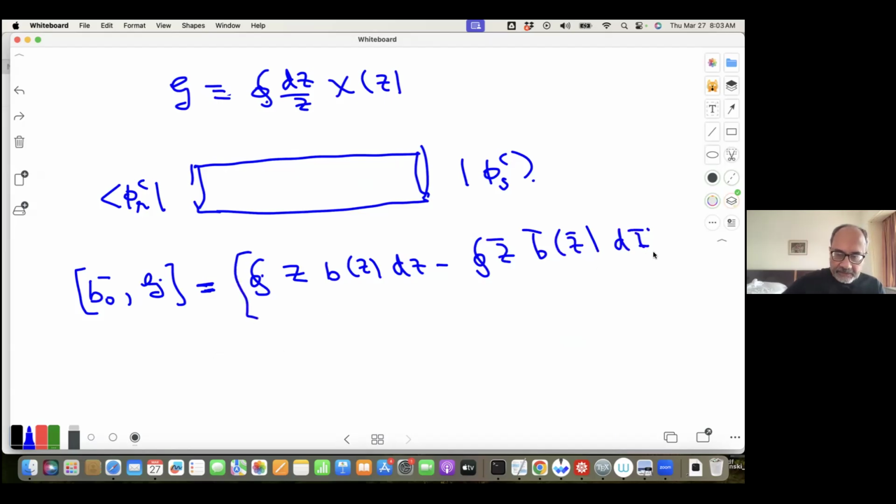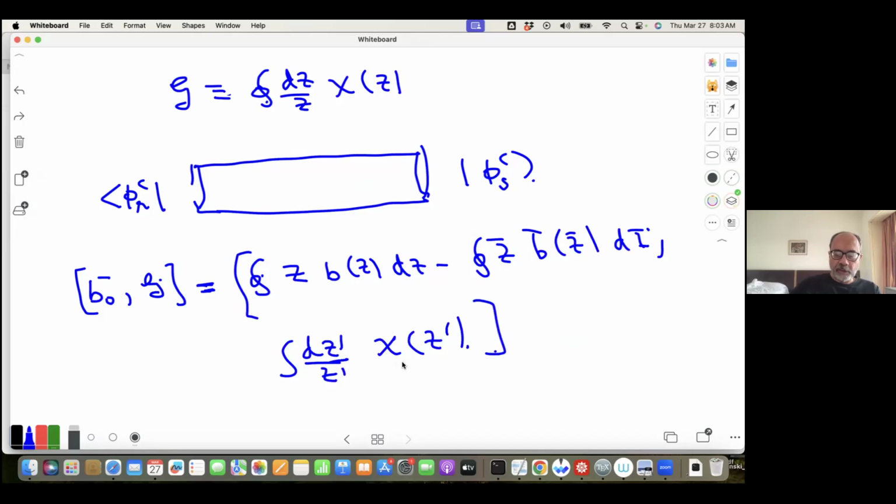So you are calculating the commutator between this and the integral dz prime over z prime chi of z prime.